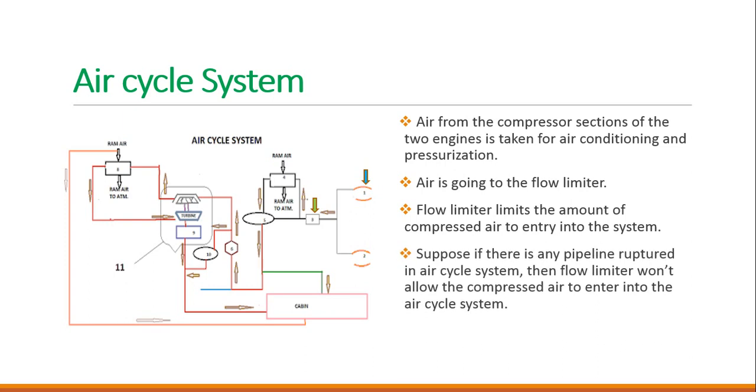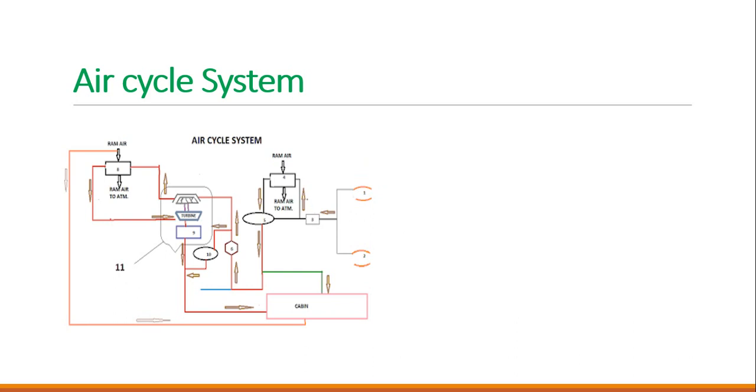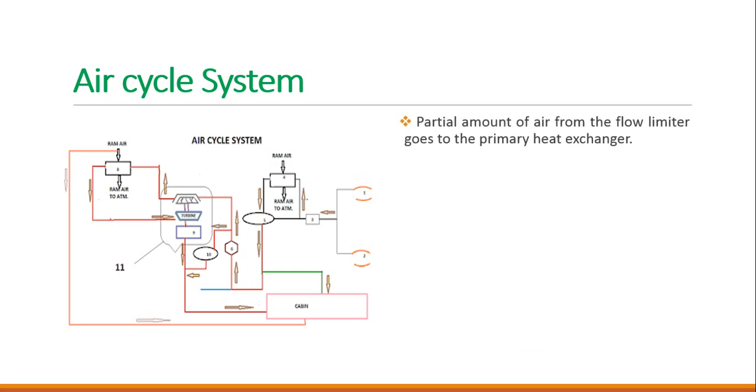Suppose there is a problem in the pipeline, then the flow limiter will limit the amount of air entering the system. Only a partial amount of air from the flow limiter goes to the primary heat exchanger, not the full amount.